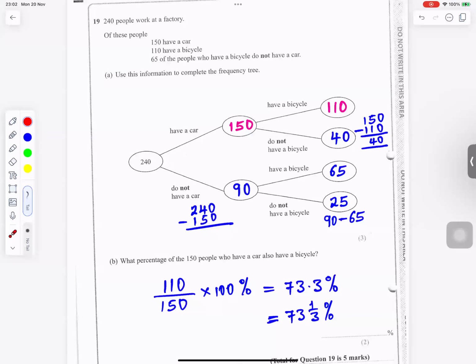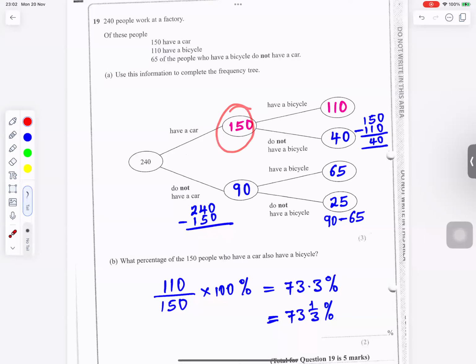Number 19, use this information to complete the frequency tree. It's 240 people. Either you have a car or you don't have a car. So when you add those two numbers, they should always be 240. 150 plus 90. So 150 have a car, and 240 minus 150 will give you 90.